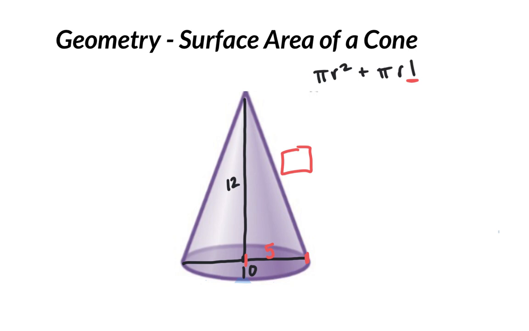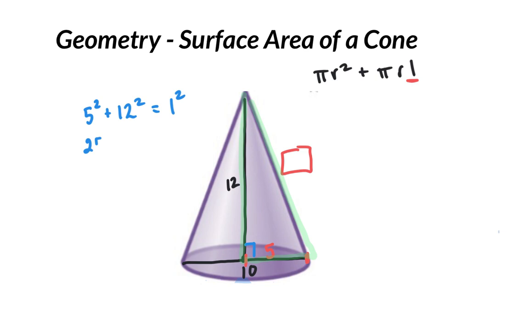But we can easily find the slant height knowing that we've created a right triangle inside of our cone, like this. And we can use the Pythagorean theorem. So let's use the Pythagorean theorem to figure out the length of that slant height. That's our hypotenuse. So we're going to say leg squared plus leg squared equals that slant height squared.